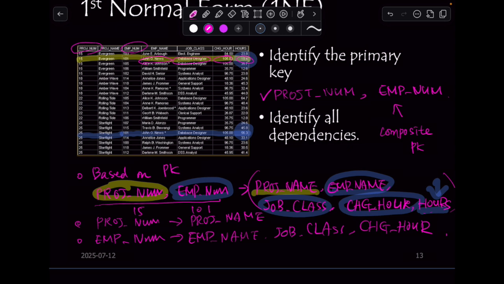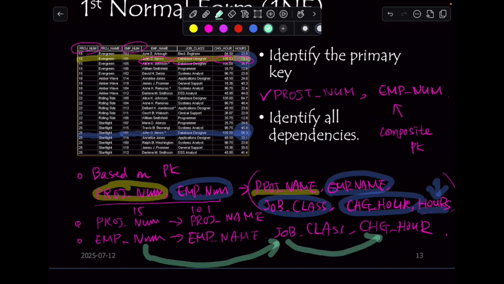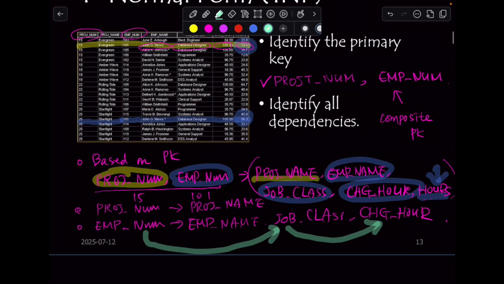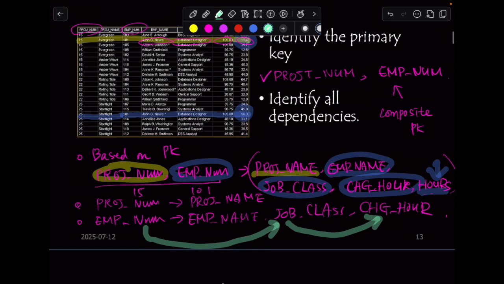Lastly, you can find another kind of hidden dependencies that I mentioned already. So employee number determines job class, and also employee number determines charge hour. But as I mentioned before, because of the hidden job class to charge hour dependence, actually we could determine charge hour from employee number.